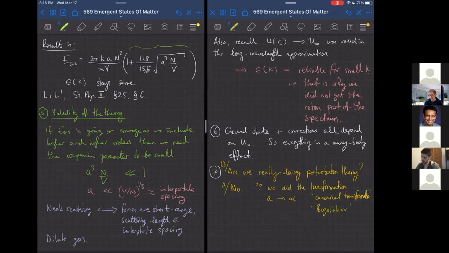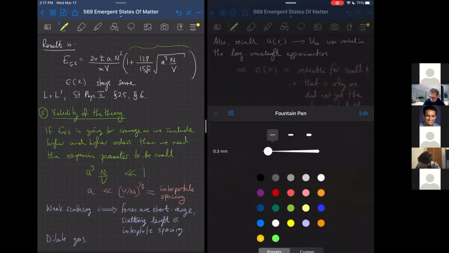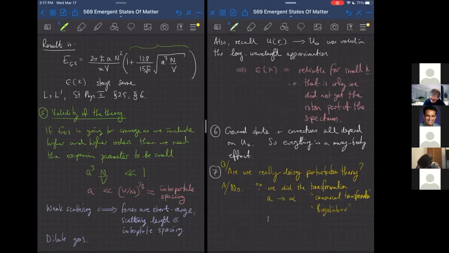And so that transformation is definitely not perturbative. That's where we did something clever by cancelling out the terms in our perturbation theory. So it's not perturbative, but the effect of it was to improve perturbation theory.